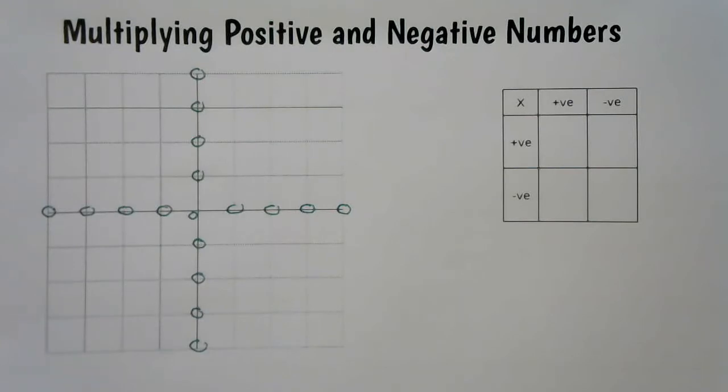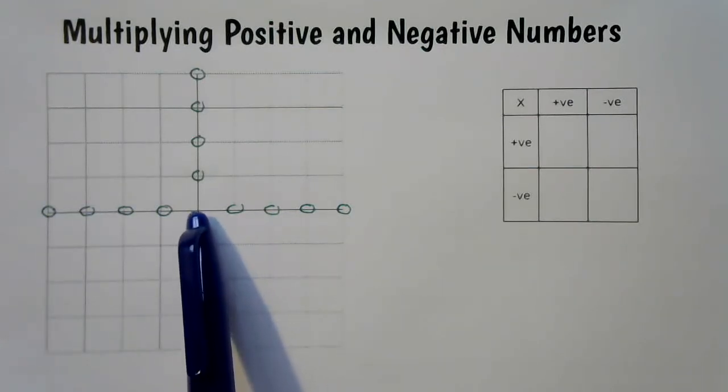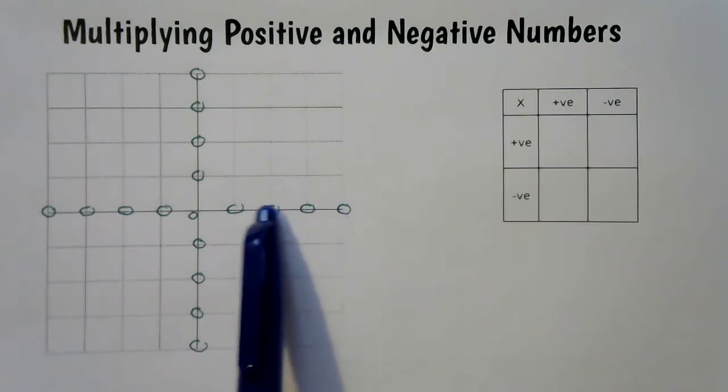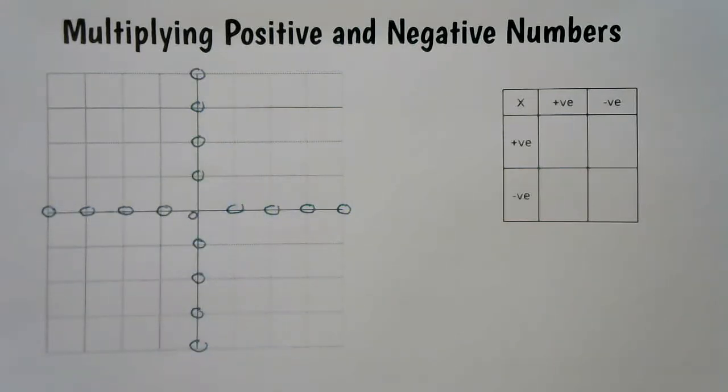And I've marked the axes as 0 because the origin is of course 0, and anything multiplied by 0 is 0. So the axes represent 0.